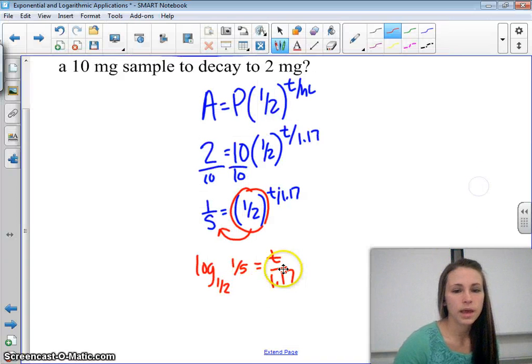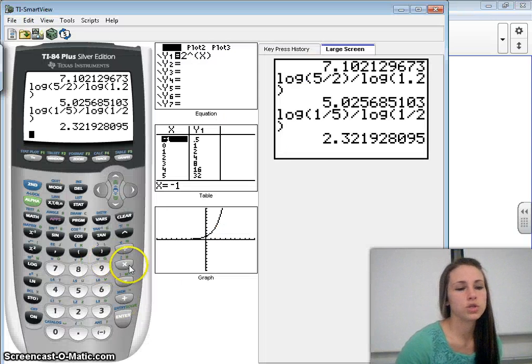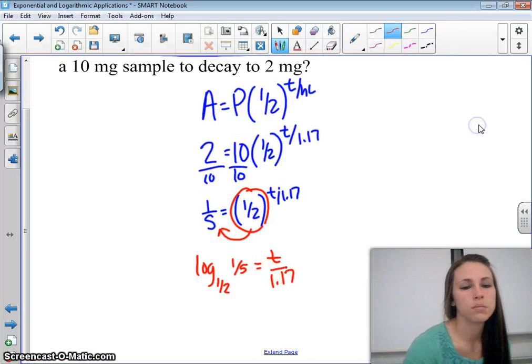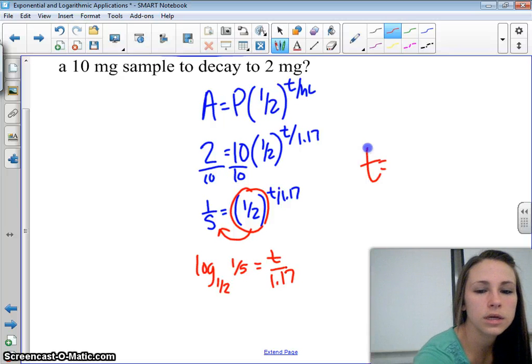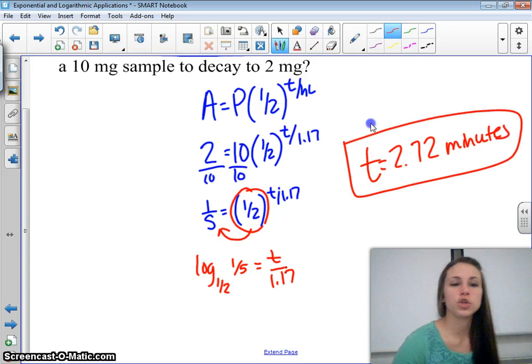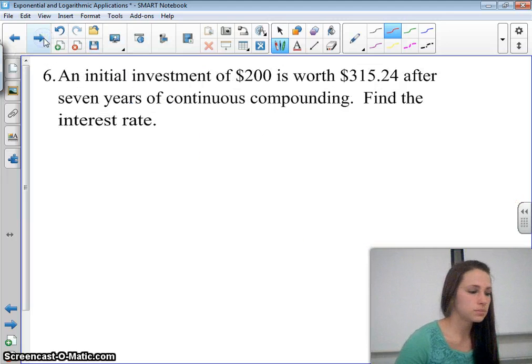And then to get rid of this 1.17 on this side, I'm going to multiply by 1.17 since I was dividing. And so this is my answer. Rounded to 2 decimals, so 2.72 minutes. T equals 2.72 minutes. Make sure you're careful about the units. Your units are going to be in whatever units your half-life is in.